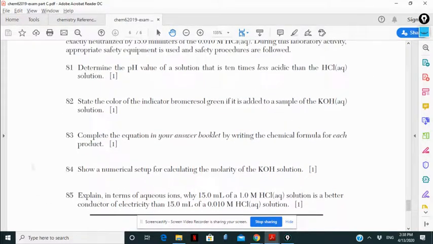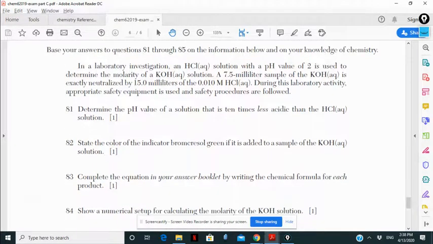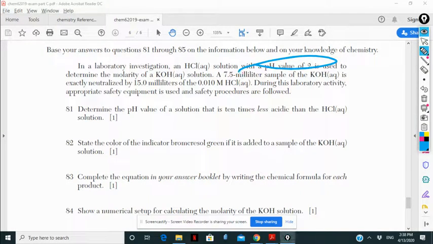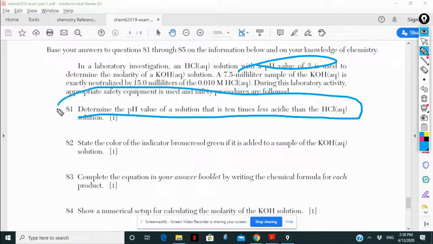Question number 81. Determine the pH. So here I have to read. In the investigation of a hydrochloric acid solution with a pH of 2, you want to determine the pH value that is 10 times less acidic than the HCl.